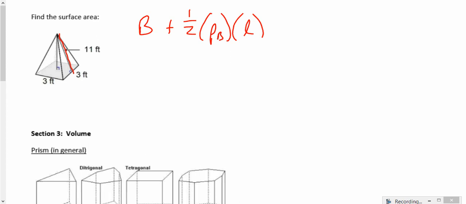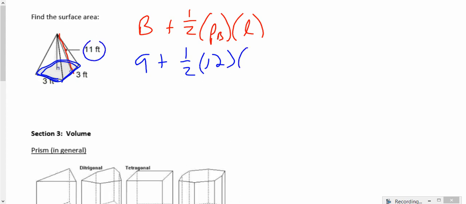So the area of the base would be 3 times 3, which is square, so we get 9, plus 1/2. The perimeter of the base would be 3, 3, 3, and 3, so 12. And the slant height would be the 11. We do that calculation, and we would get 75 feet squared.